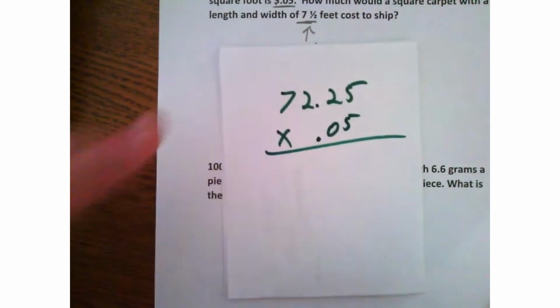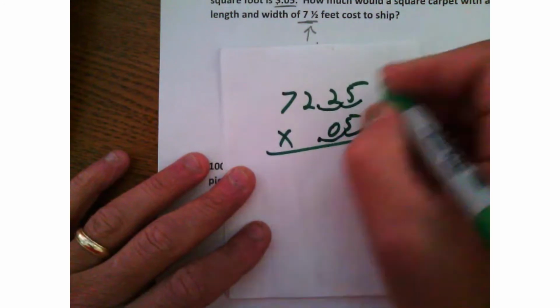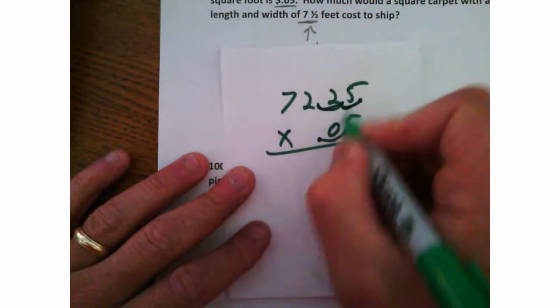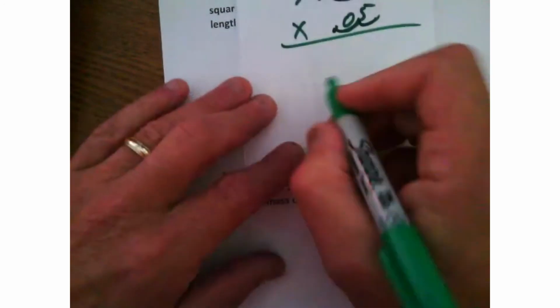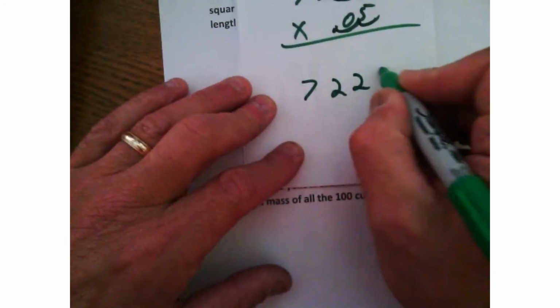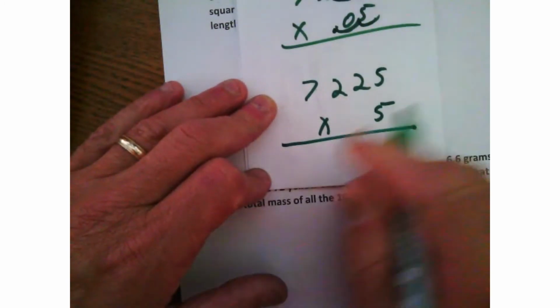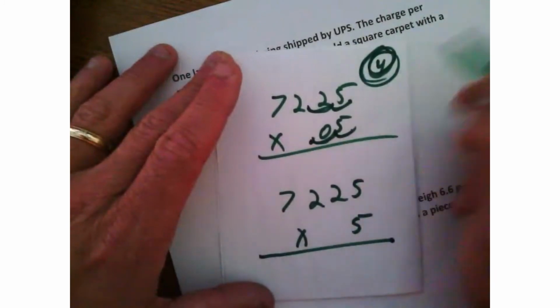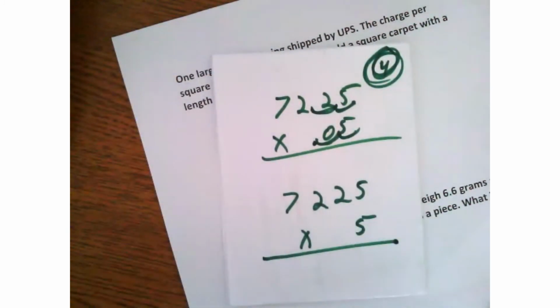Do your multiplication. If you forgot how to do that, I get rid of these decimals. I put 4 in the parking lot, 1, 2, 3, 4, and I just do 7,225 times 5. When you get the product, you swish over 4 times. That will be your answer. Awesome! Fireworks!